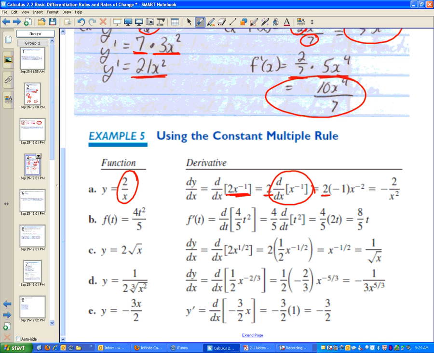So that's 2. What's the derivative of x to the negative 1? Turn the negative 1 into your coefficient. Subtract 1 from the exponent. And then simplify it all out. 2 times negative 1 is negative 2x to the negative 2, or negative 2 over x squared.